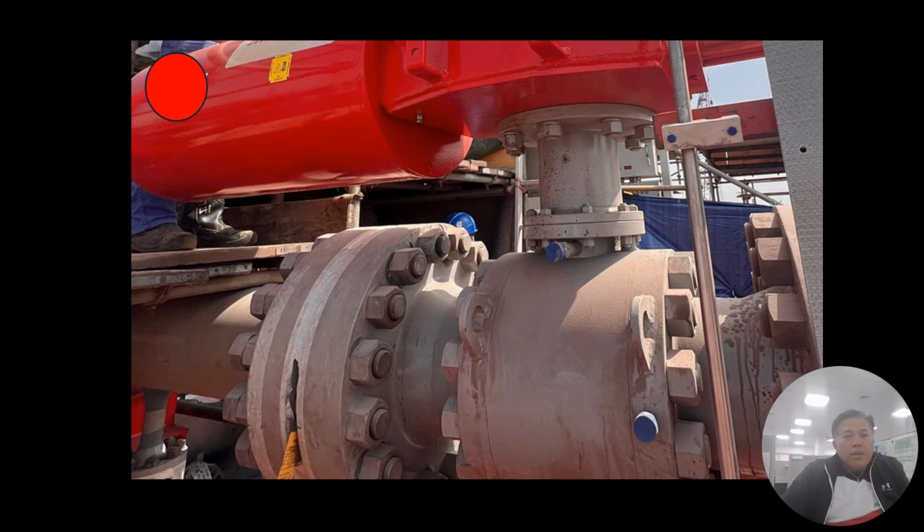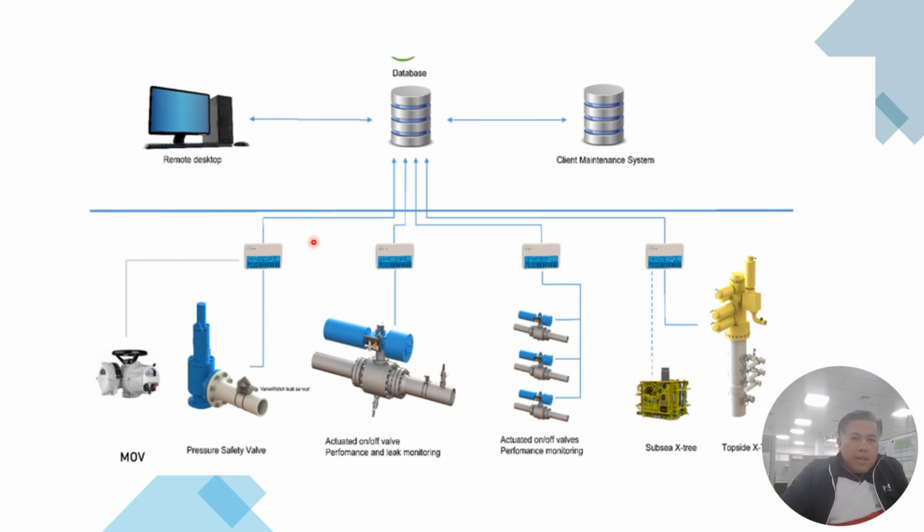All right, guys. As you can see, this is our remote desk. We have a control room, and then it passes through our database, and then we have a client maintenance system, and this is the hierarchy. From upstream, this is our remote desk, and then downstream you can see the MOV, which is a motor operated valve, and the pressure safety valve and ESD, which is actually an on-off valve as well.